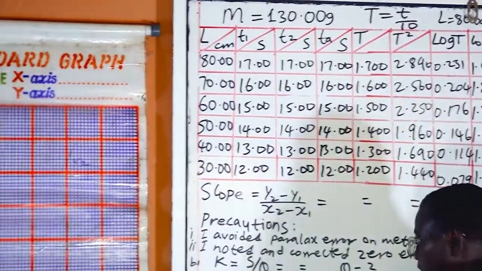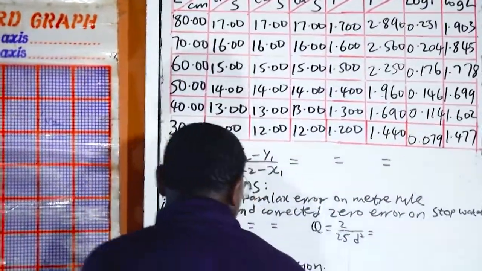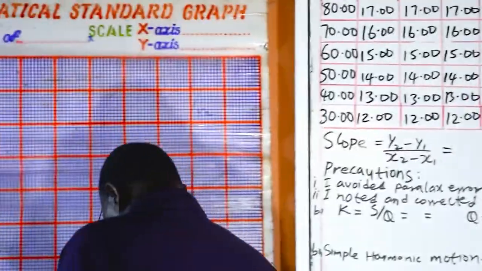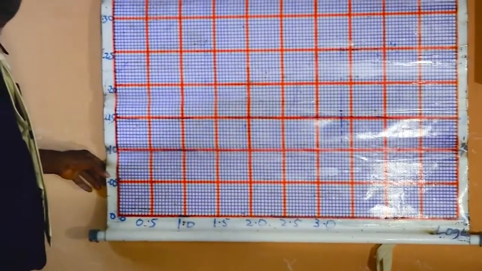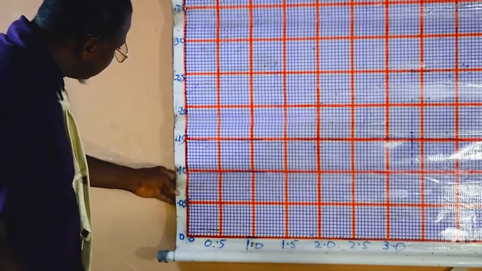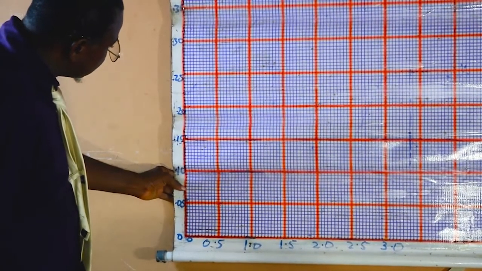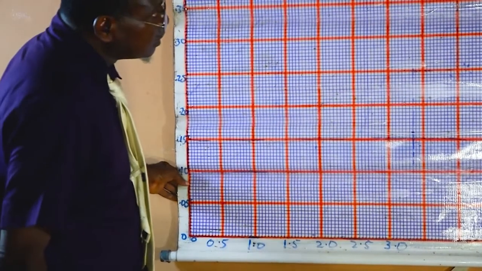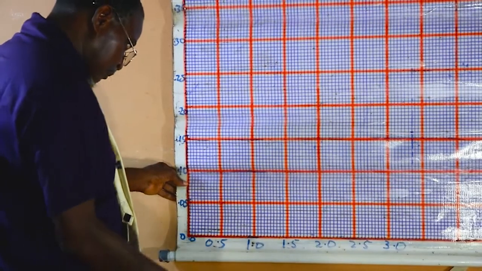Let us start. First one, 0.08 against 1.48. This is 0.5, so this is 0.6, 0.7, 0.8. 0.8 against 1.48.